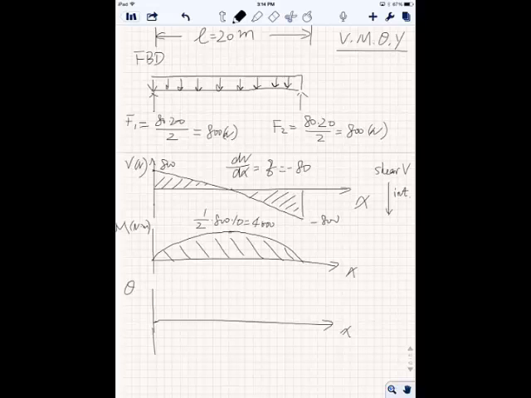Integration. You have a bending moment M. That's how you did it. And when you do one more integration on the bending moment, what you get is EI times theta. Now don't forget EI. I'll show you.